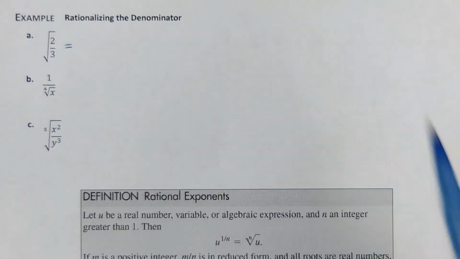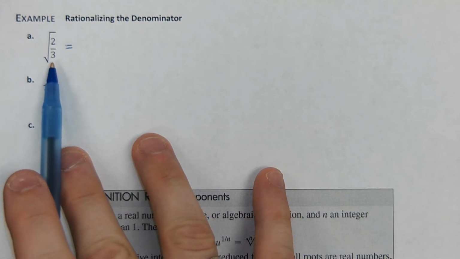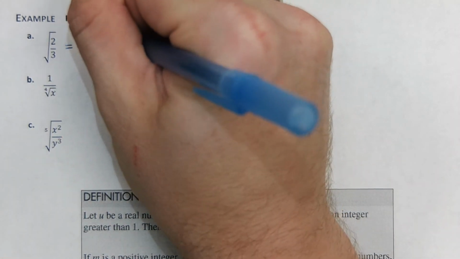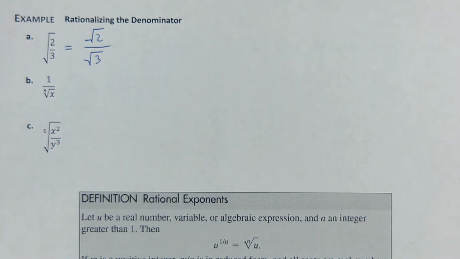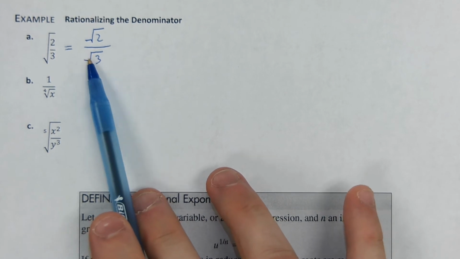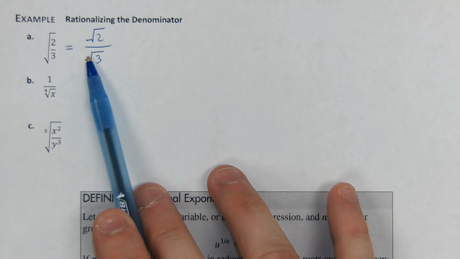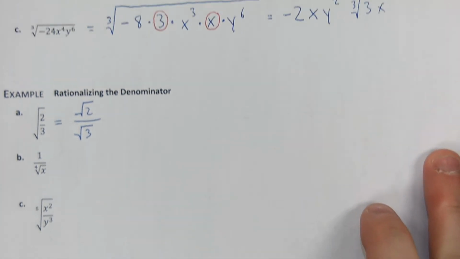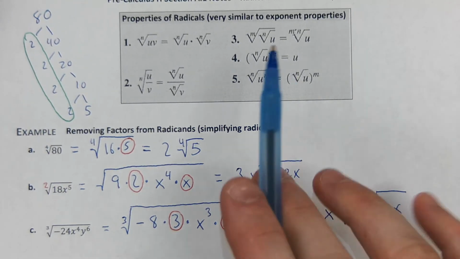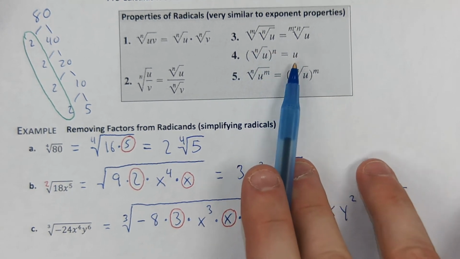First, using rule number 2 from the box up above, the fraction inside the radical can be split into a radical over a radical. Now this thing's root index down here is a 2. I know it's not written, but it's a 2. And if you look at rule 4 in that box up there, it says exponents that match the root indices will cancel each other out, leaving just the object that was inside the radical.